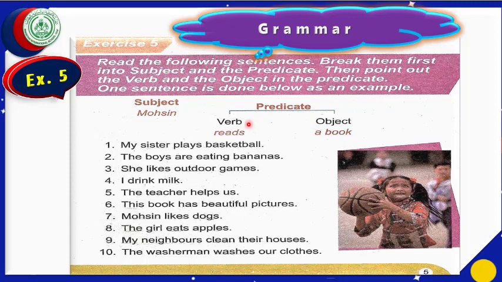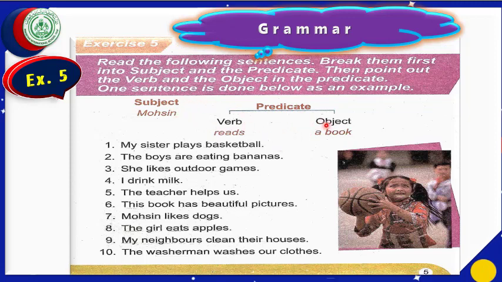What shall we do in this exercise? We shall pick up all the parts one by one. Then we shall break them into subject, predicate, and then we shall break the predicate further into verb and object. Let us see how it will be done.